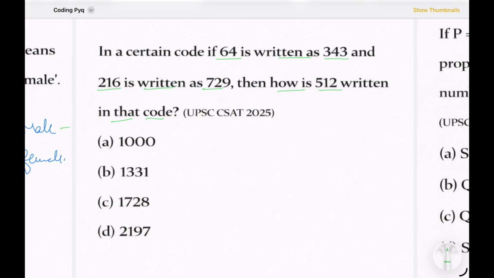Now 64 is written as 343. 64 is nothing but the cube of 4, and 343 is the cube of 7.